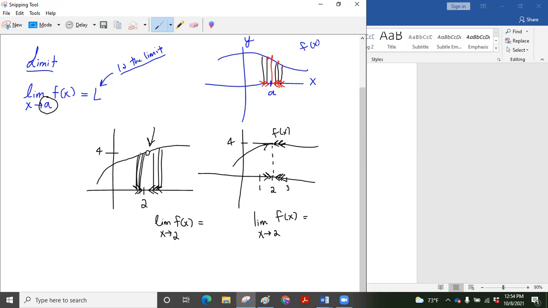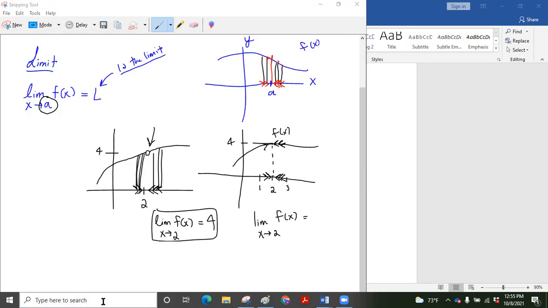So the answer here would essentially be 4. Just because there is an undefined hole at f of 2 doesn't mean that the limit cannot exist at 2. And we'll go ahead and make a note about that.